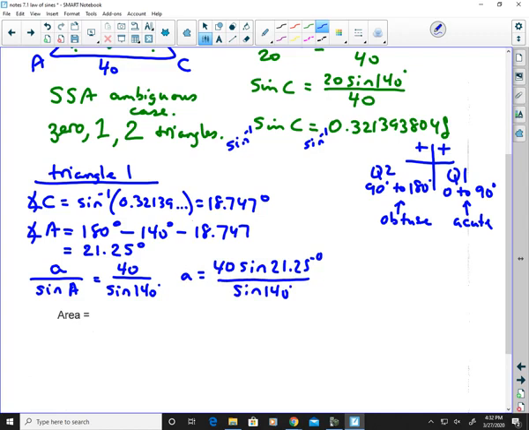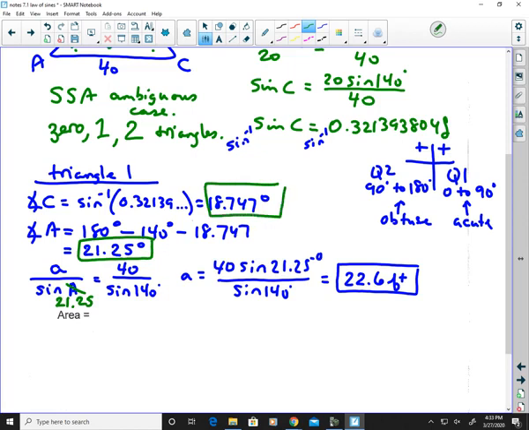And so that gives me a side A of 22.6 feet. I'm just going to write over here that it would have been a good idea to just put that angle A in there. I have determined angle A, and I have determined angle C. I have determined everything about my first triangle.